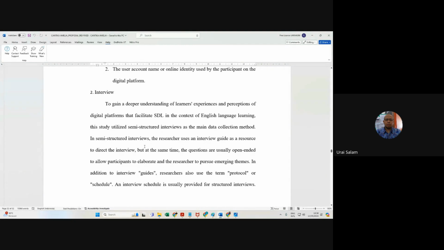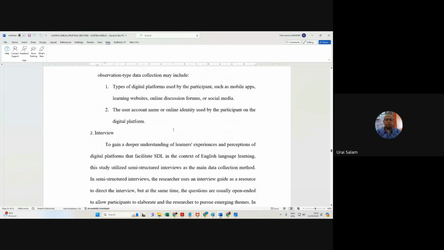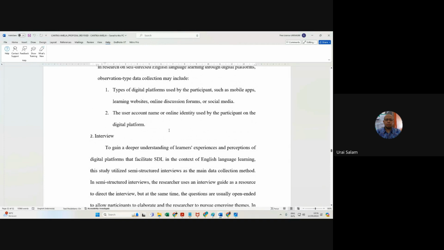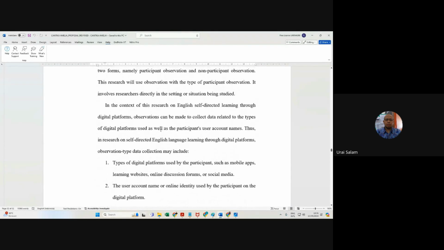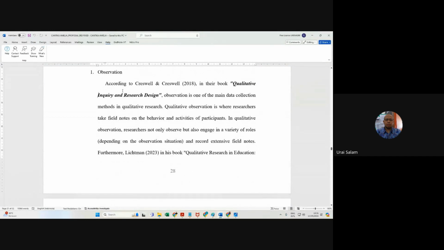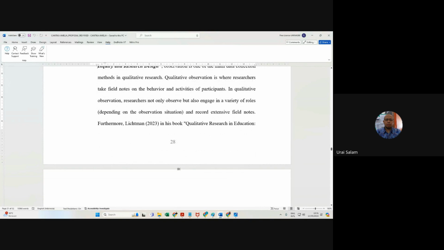I think it's not, unless, for example, you mean by observation observing their digital traces. Misalkan jejak digital, gitu. Misalkan dia punya Facebook, Instagram, and so on, social media application, ya.